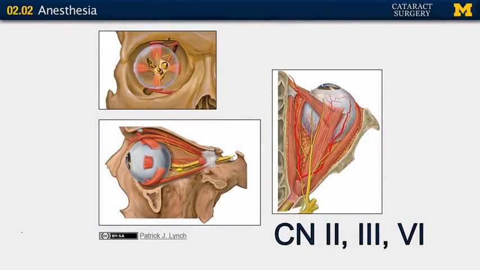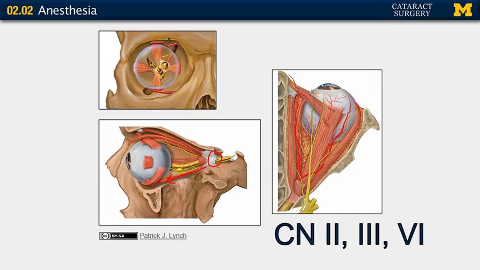In order to know the difference between the local anesthetics, it is important to understand some anatomy of the eye and orbit. First, you need to know what's the difference between the intraconal space and the extraconal space. The intraconal space is formed by the four extraocular muscles and the fascia that connects them. It starts posteriorly at the annulus of Zinn and extends anteriorly all the way to the back of the globe.